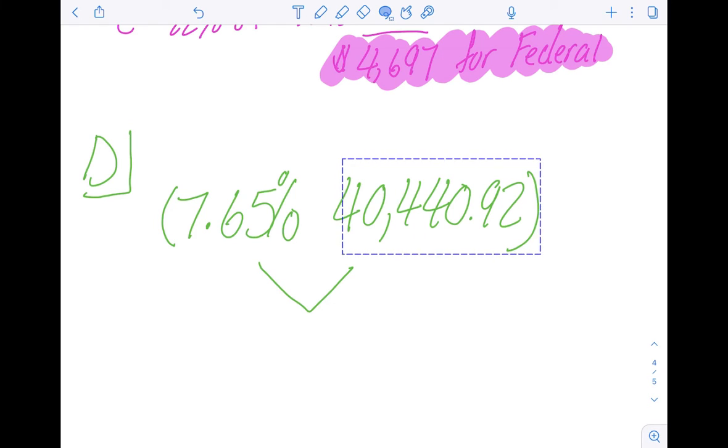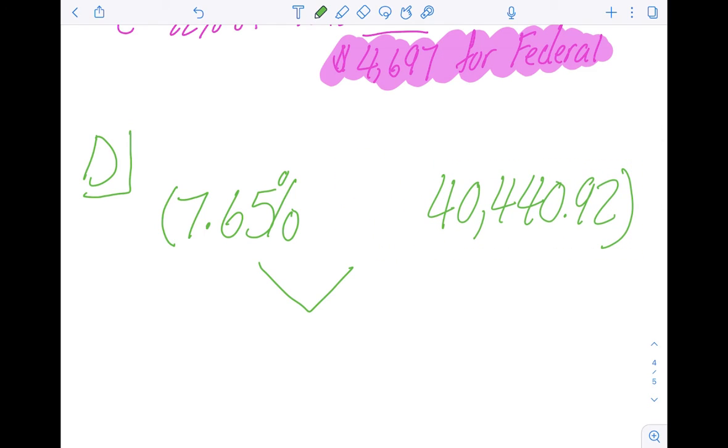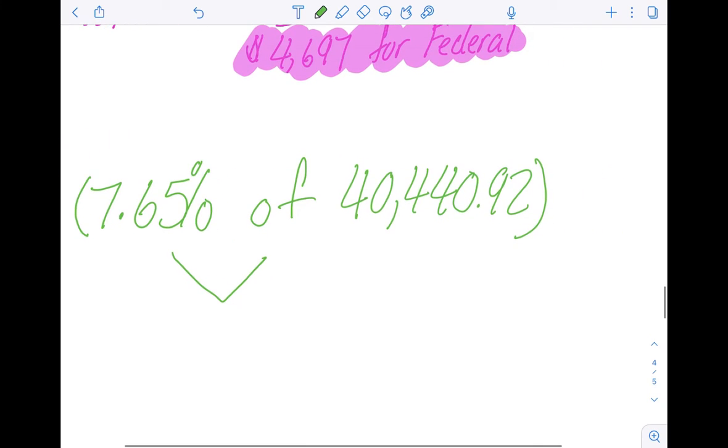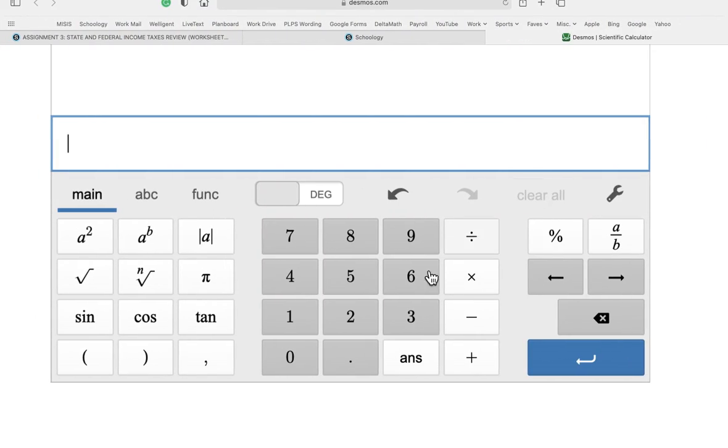Let me show you. This is the way it is. Of. That's what we do, because we're finding a percent. 7.65% of 40,440.92. There we go. That's better.